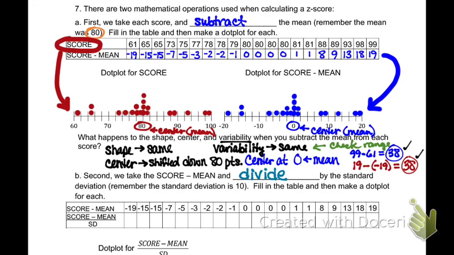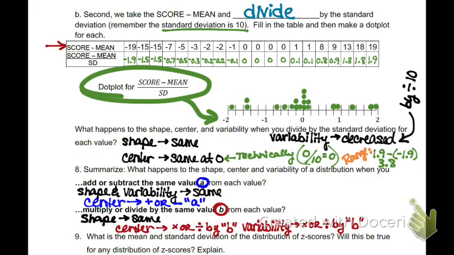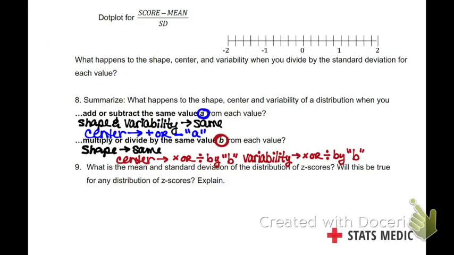Here's the mean, right? When I subtracted the mean from the mean, it went to 0. The center, when I subtract the mean, is always going to go to 0 on a z-score. So the mean will be 0.